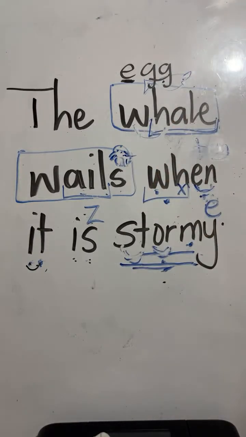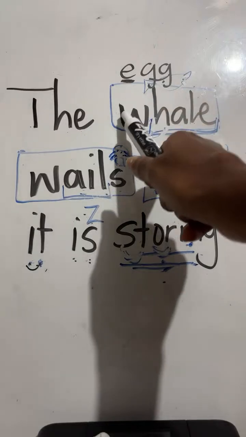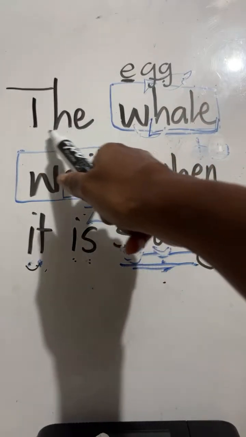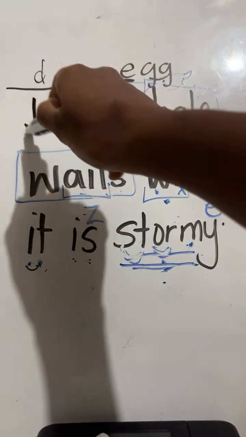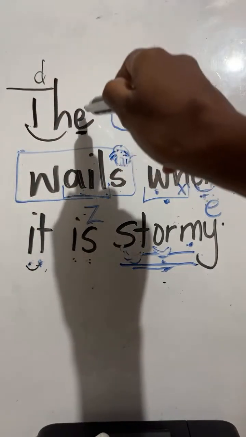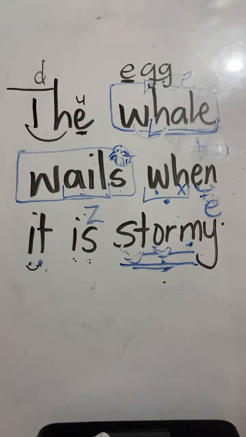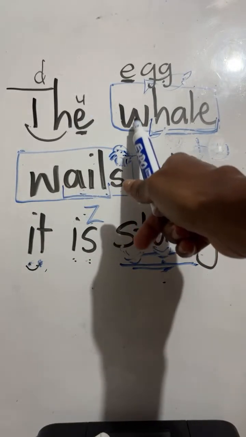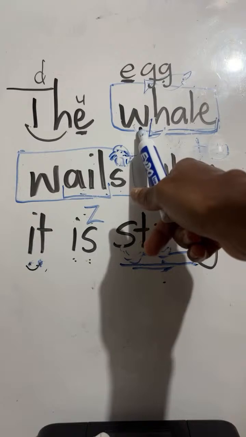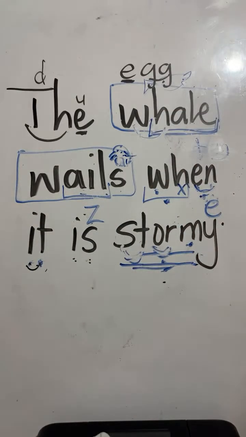Words that begin with letters that are not A, E, I, O, and U, then you would use the sound d. That's where the TH makes a sound like d, and the E makes a short sound. So hence, this says d when it comes before words that begin with a consonant. And consonants are all the letters that are not vowels.